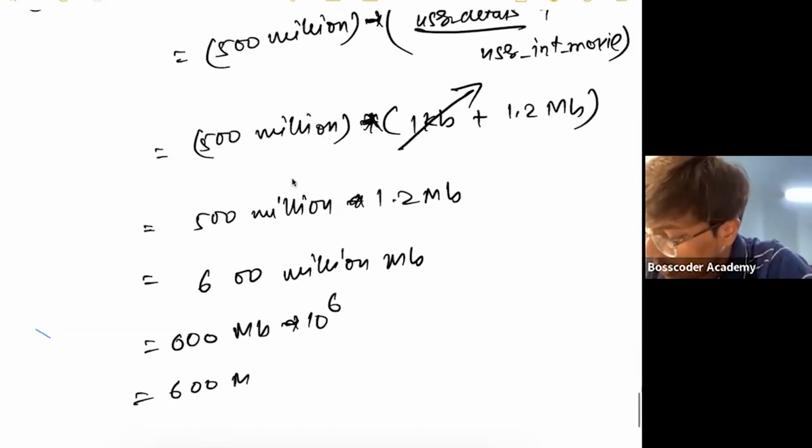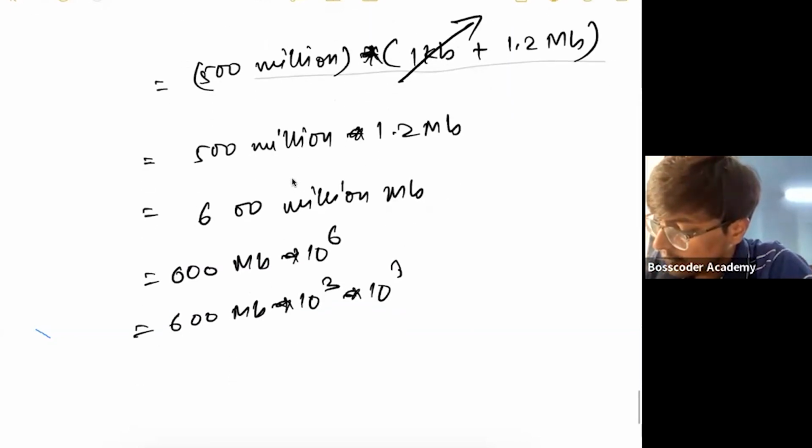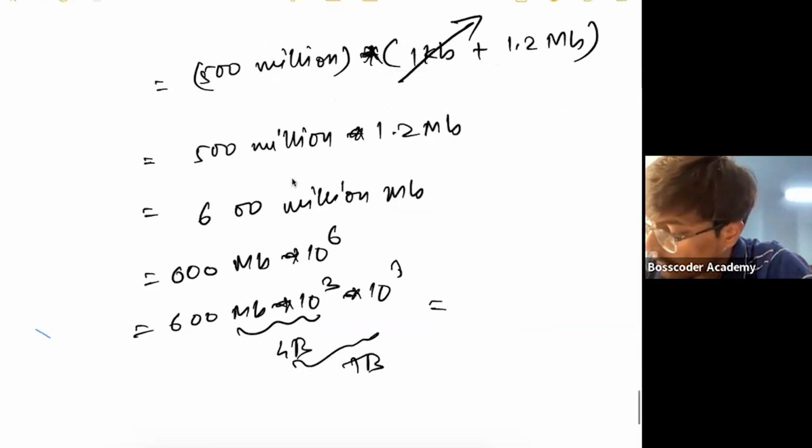So it becomes 600 MB into... what is 1000 MB? GB. What is 1000 GB? Terabyte. 600 terabytes of storage.